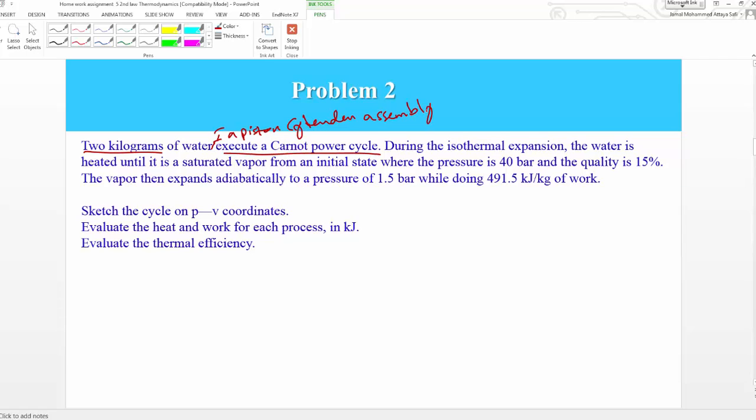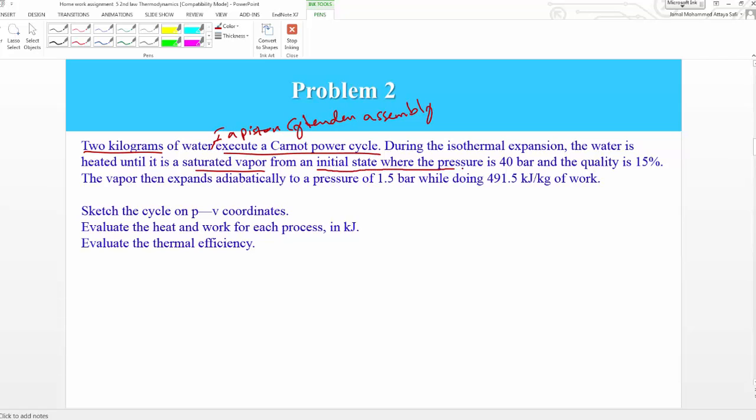So we know that it's a closed system that executes a Carnot cycle, and then it starts explaining to me, during the isothermal expansion, at the beginning of the cycle, the water is heated until it is saturated vapor from an initial state.